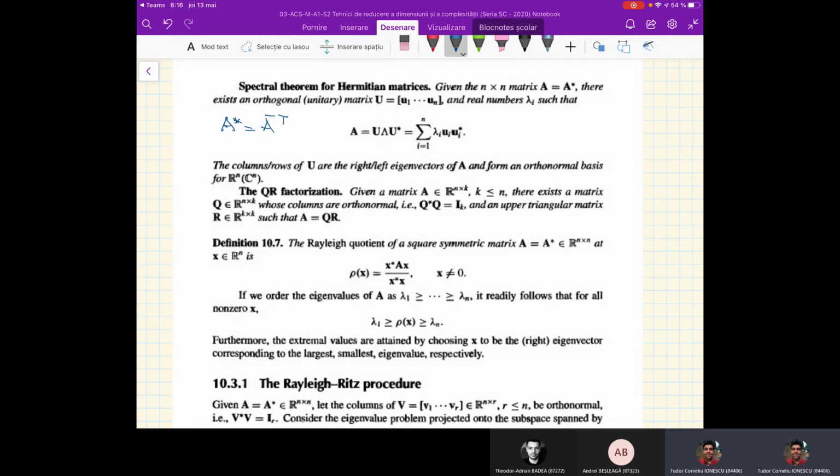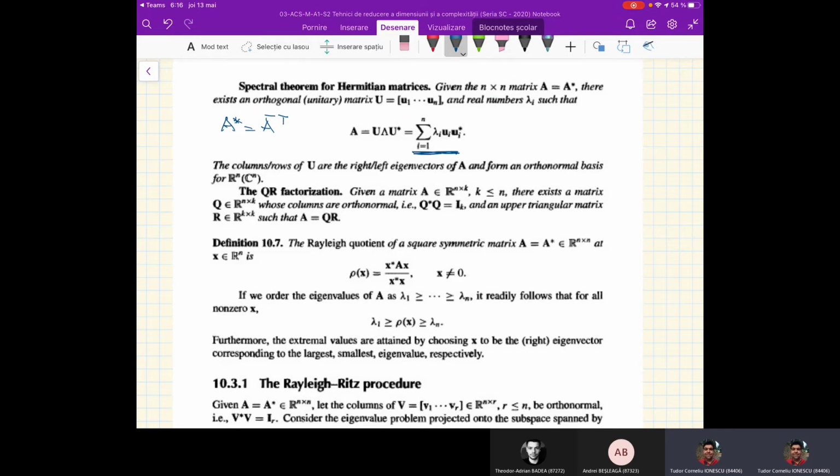So given a square Hermitian matrix of dimension n, there exists a unitary coordinate transformation such that, with real numbers lambda i, A is U lambda U star, where the columns of U are the right and left eigenvectors of A and form an orthonormal basis for R^n or C^n.